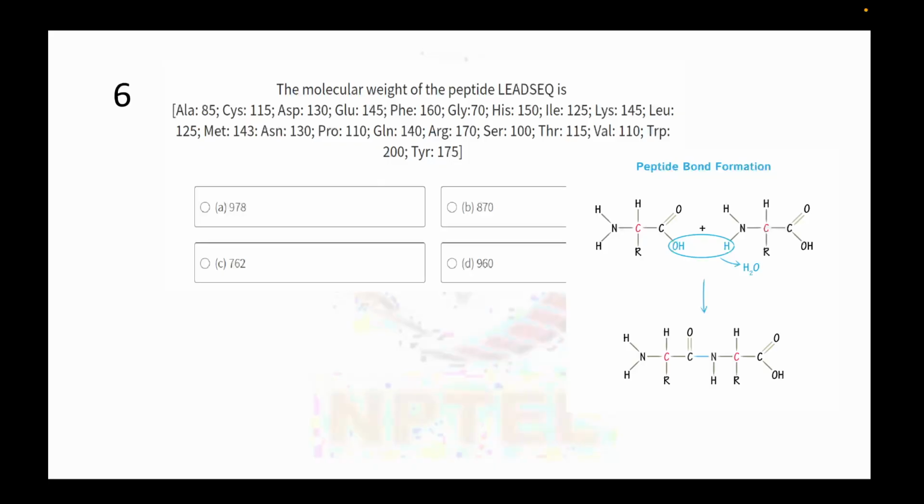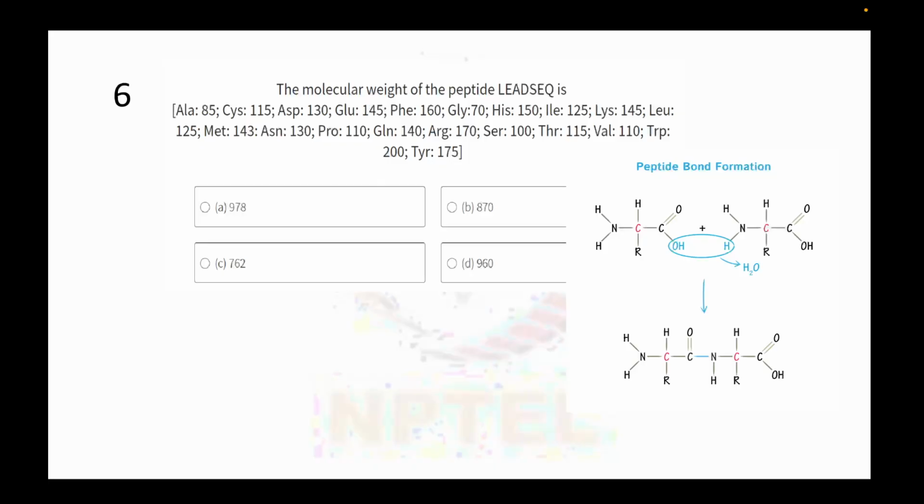Yeah, so to calculate the molecular weight of a peptide, initially take the sum of individual weights of all amino acids present in the peptide, that is the weight of leucine, weight of aspartic acid, weight of alanine.